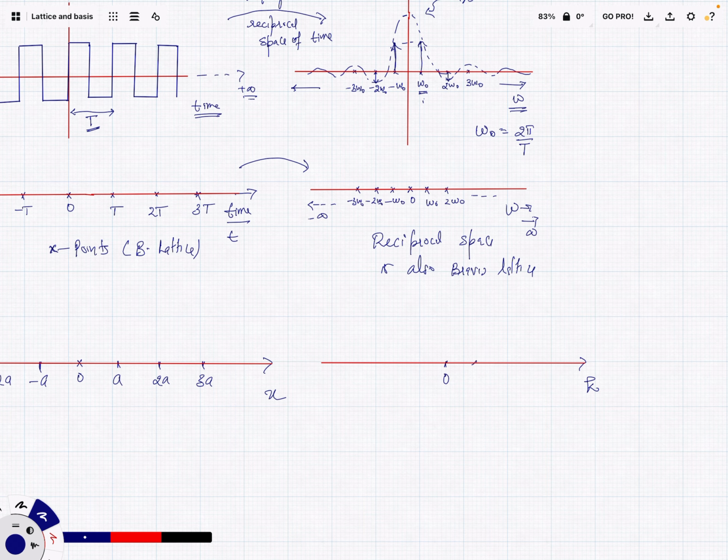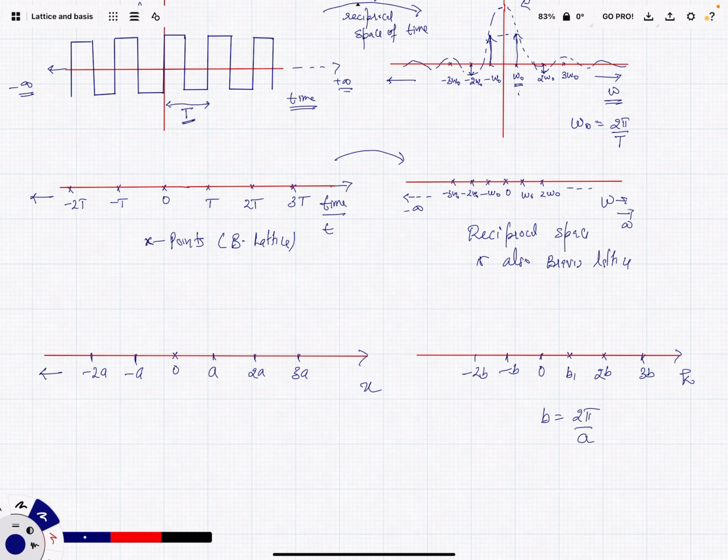origin, and then you have b, 2b, 3b, minus b, minus 2b kind of thing, right? Where b is 2 pi by a.